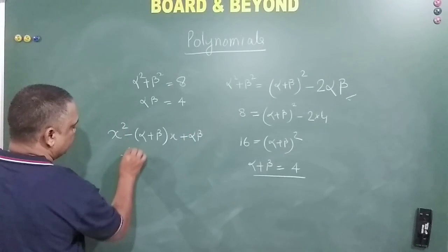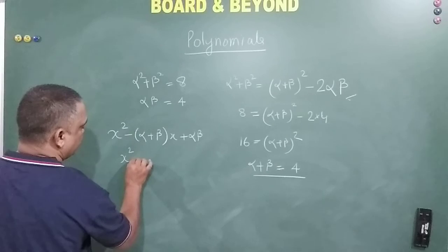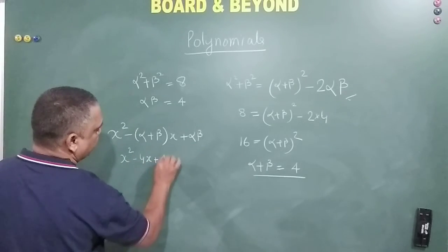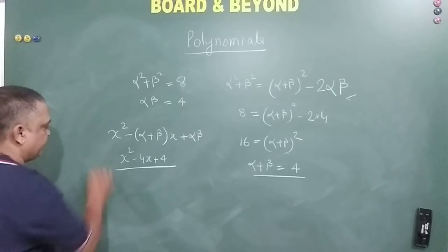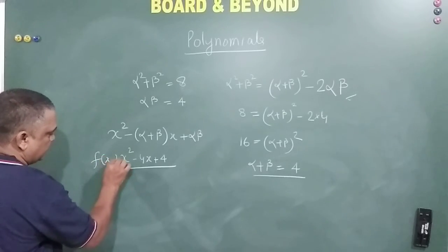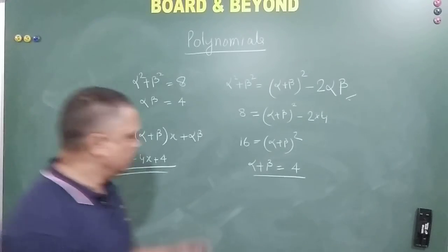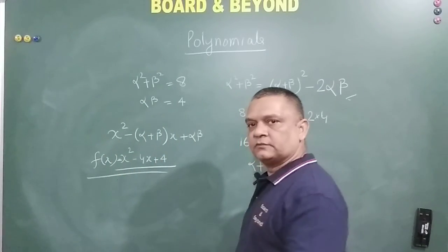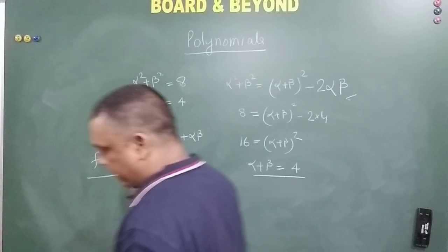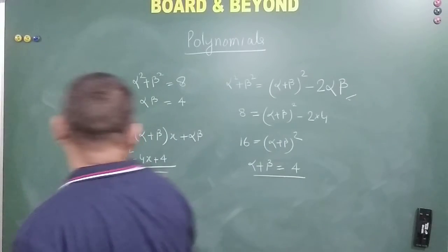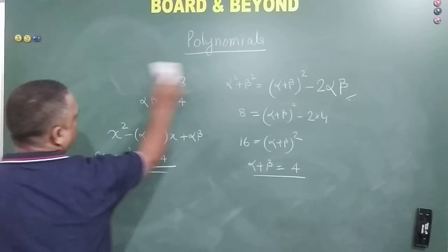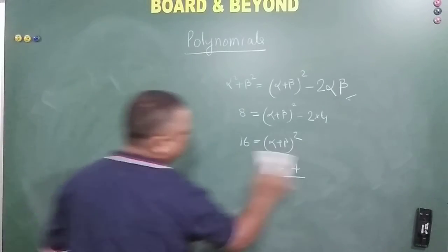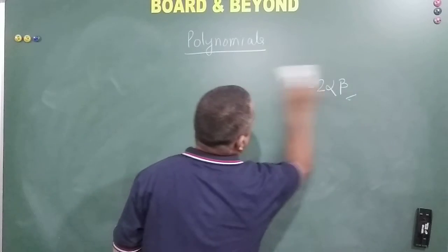Alpha plus beta is 4, so minus 4x, plus alpha beta, which is 4. This is f of x. Are you getting my point? So with that condition we have arrived at this quadratic equation.